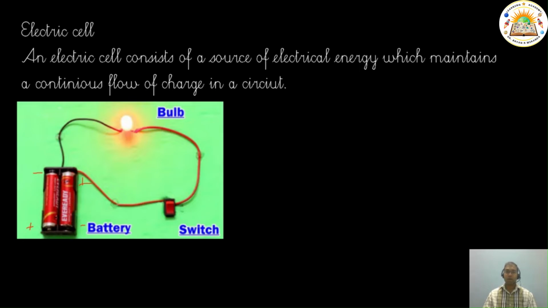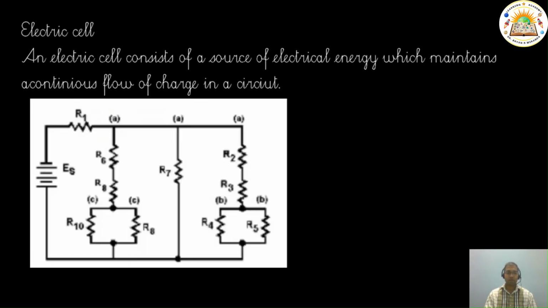But there are also more complex forms of circuits. You've got a huge number of cells, a lot of resistances. Maybe even capacitors can be thrown into the mix, or even semiconductors, diodes, wires, LEDs. All of these things can constitute a complex electric circuit. But there also, the electric cell is the only thing that acts as a source of electrical energy.